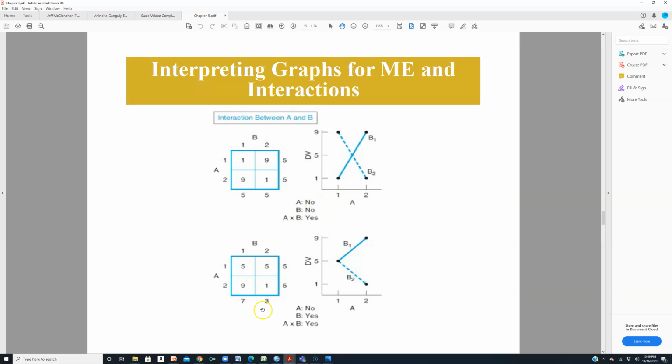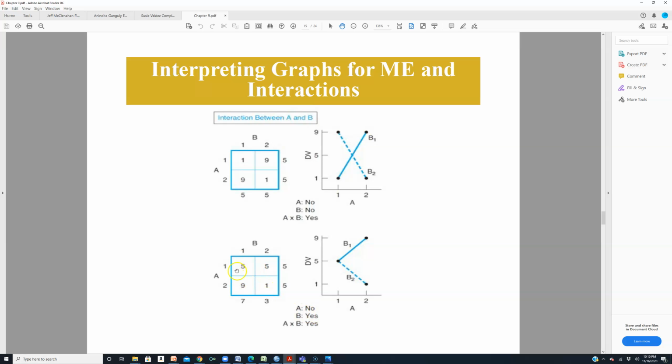Another possible outcome is when I have no difference, so no main effect for A. But here, there is a difference between 7 and 3. Does it reach the threshold of significance? I have to test that statistically, but likely, right? So that's a yes.